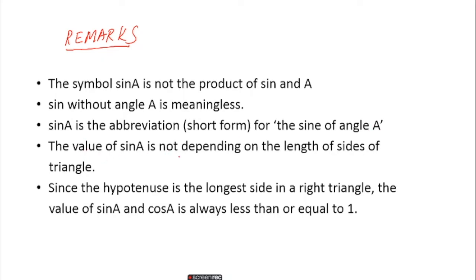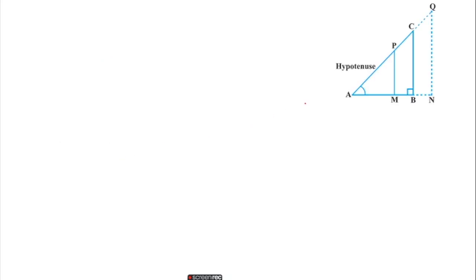The value of sin A does not depend on the length of the sides of the triangle. I will explain to you. I am telling only about sin A, but it is applicable to all the 6 trigonometric ratios. See, for example, let us take this acute angle A. PM is the opposite side, AM is the adjacent side, and AP is the hypotenuse.